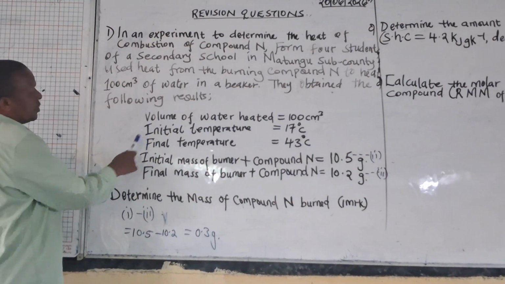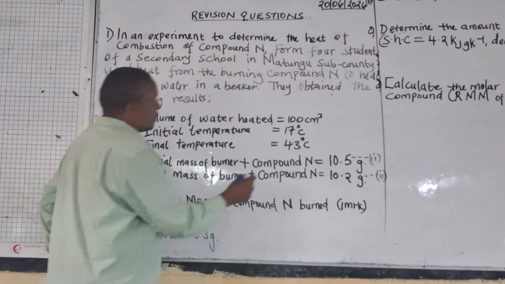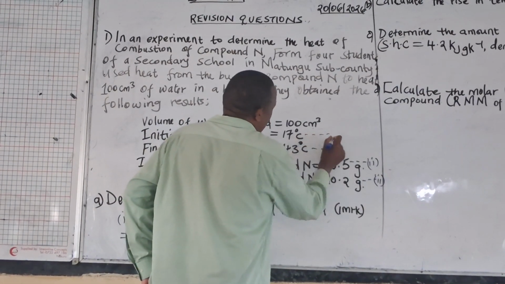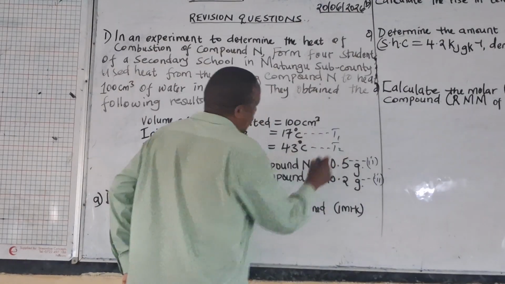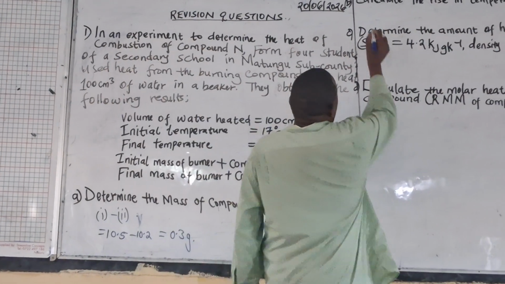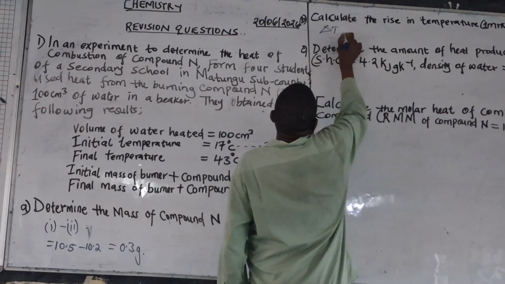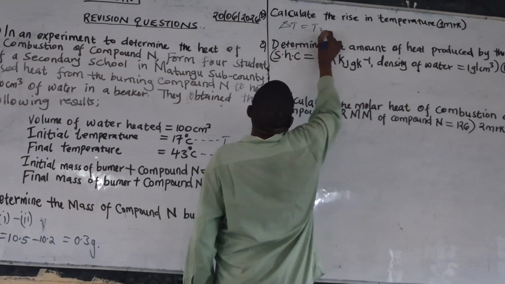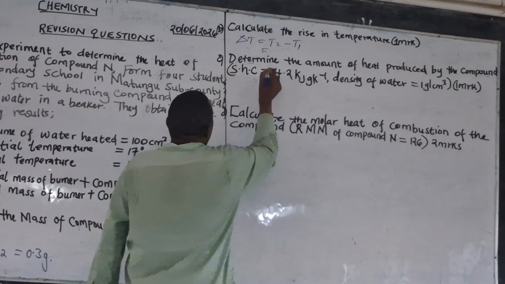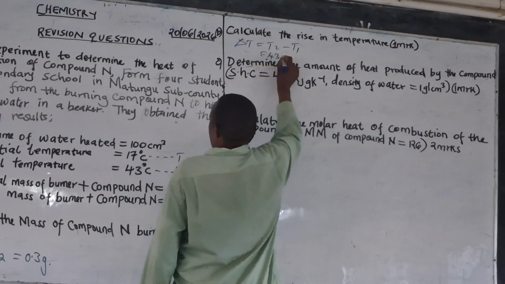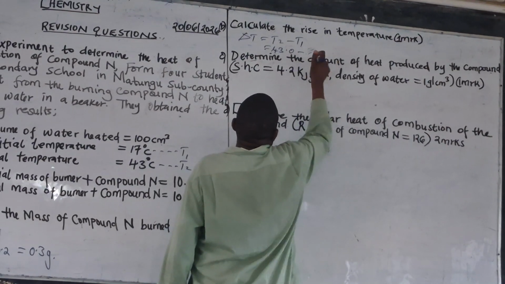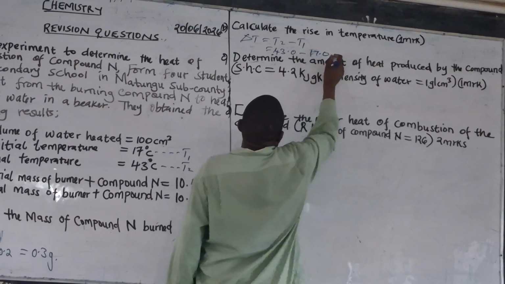Final temperature less the initial temperature. So the final temperature is capital T2 and the initial temperature is capital T1. So you say: delta T, that is temperature change, is equal to temperature 2 less temperature 1, which is going to be 43.0 less 17.0.